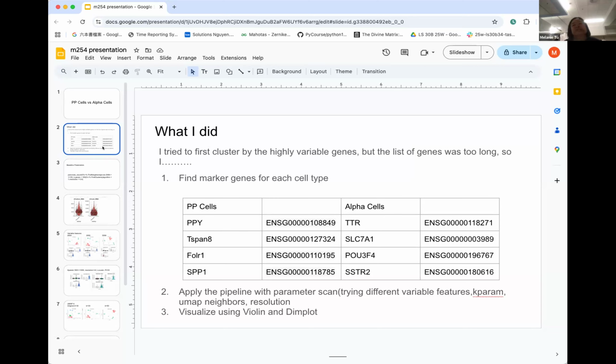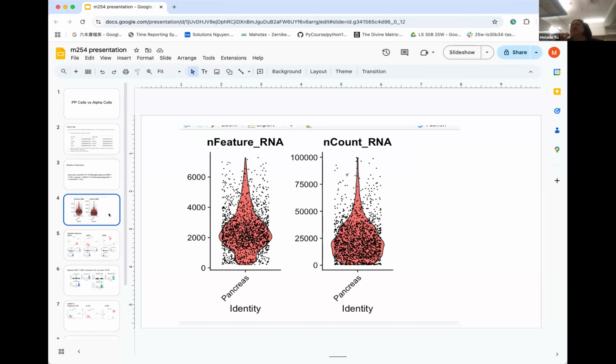I also changed K-param, UMAP numbers, and resolution. This is just a plot I made literally an hour ago to let myself know that I need to do QC later, because I kind of forgot about that.